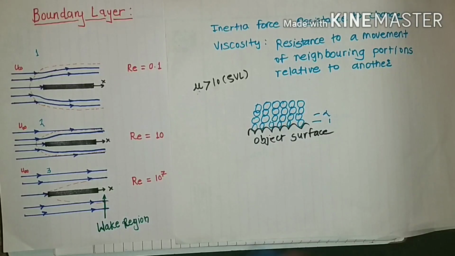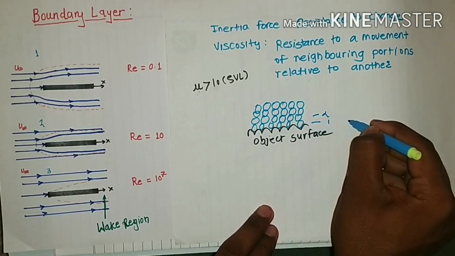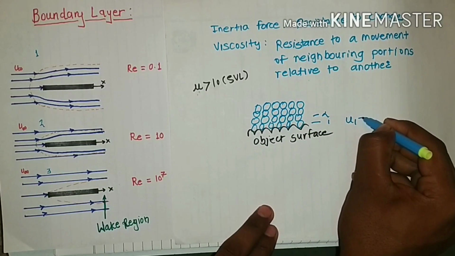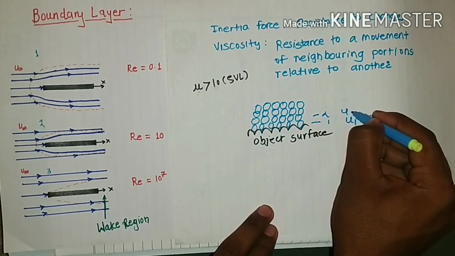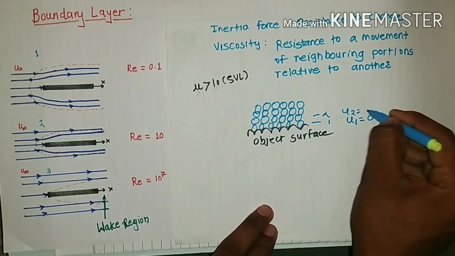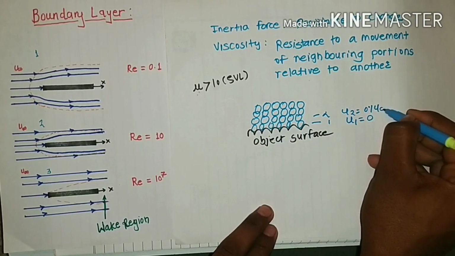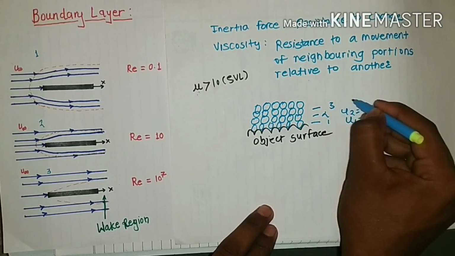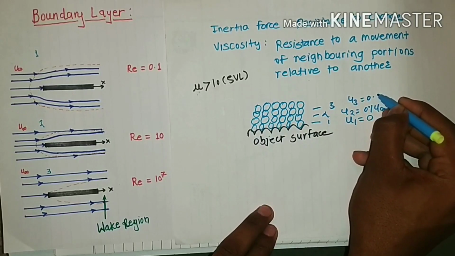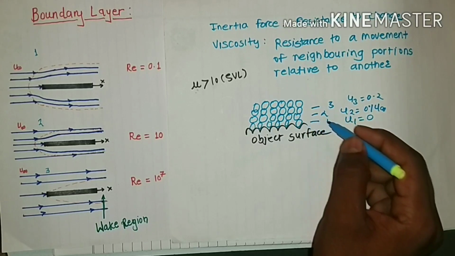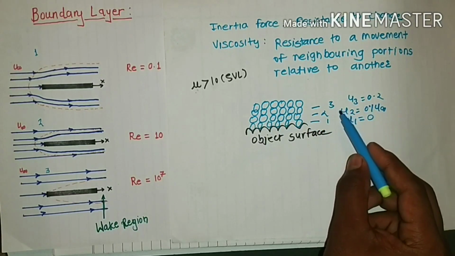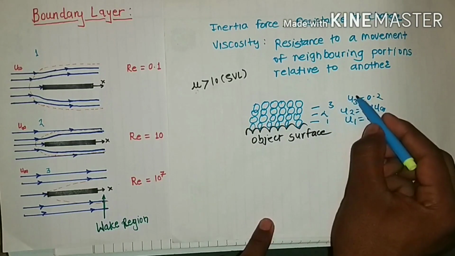So, as we know, the velocity of this layer is 0 and this will be 0.1 of u infinity. For the third it will be 0.2. There is a gradual increase in velocity because viscosity doesn't allow a drastic change.